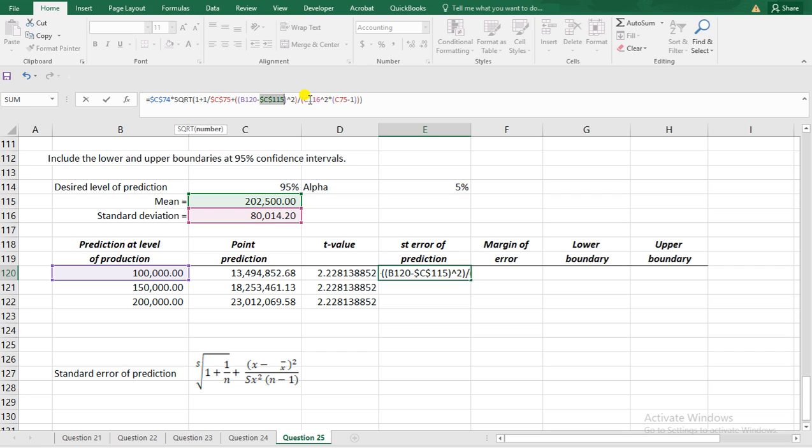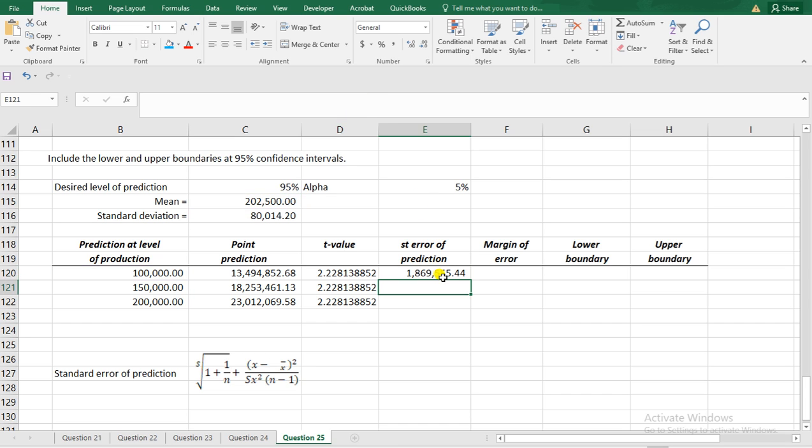Standard deviation is common, I'm going to lock it. Number of values is common, I'm going to lock it. So that once I copy this formula downwards, you'll find that, voila, it will give us what we need.